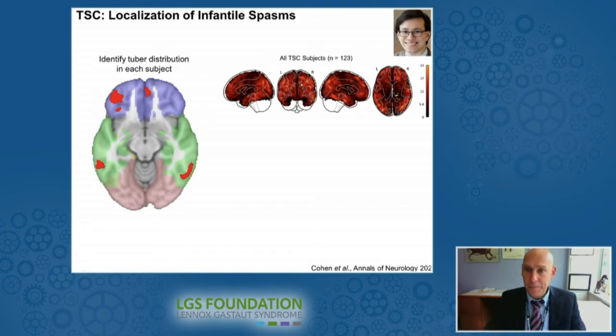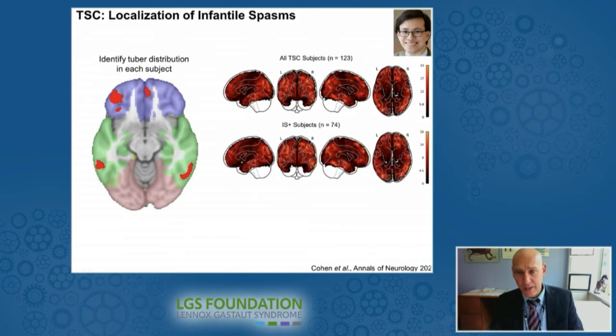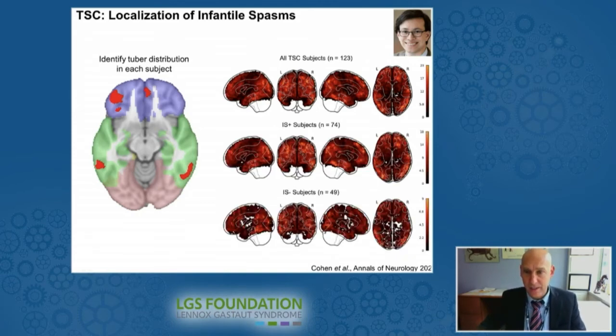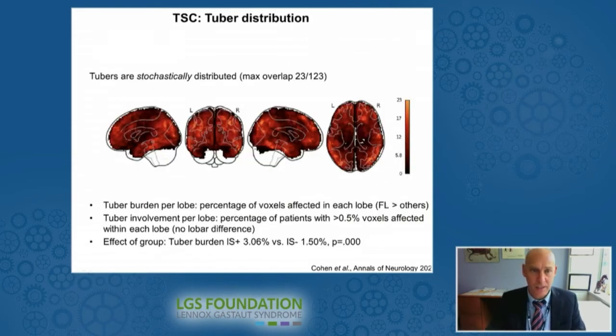And you can see that it seems to be very random, although I wonder if the motor strip was spared somehow. Here's the patients with infantile spasms, and here's the patients without infantile spasms. And you can see at a quick glance that there doesn't seem to be a major difference in distribution, although perhaps there are more tubers in these subjects.